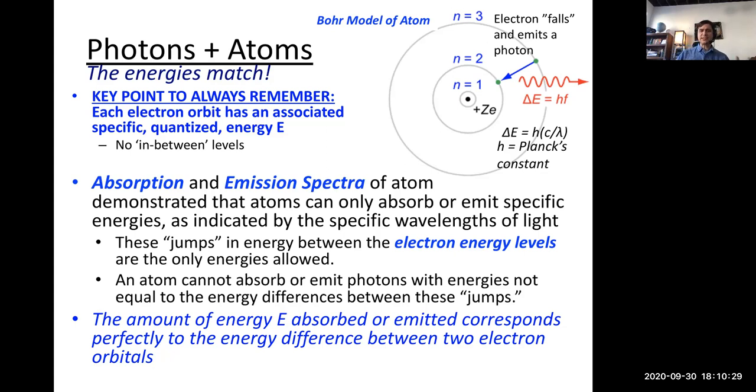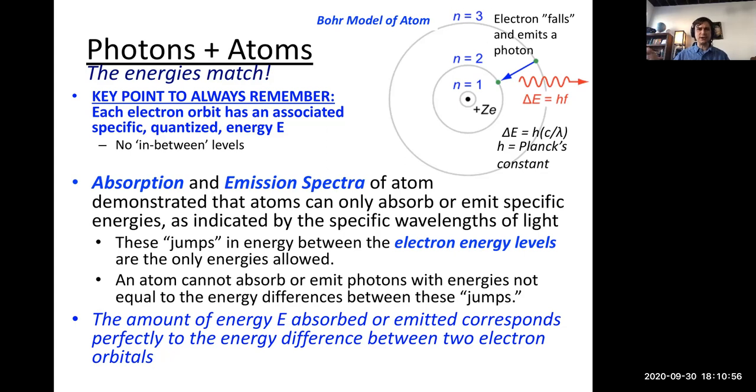And it has to be the exact right amount. It's sort of jumping between these energy levels because there are no in-between energy levels. It has to be the exact right amount: 10.2 electron volts for the ground state to the first excited state for hydrogen. No other ones allowed. To go from the first excited state, the n equals 2, to the second excited state, n equals 3, it has to absorb a photon that has exactly 1.9 electron volts of energy.